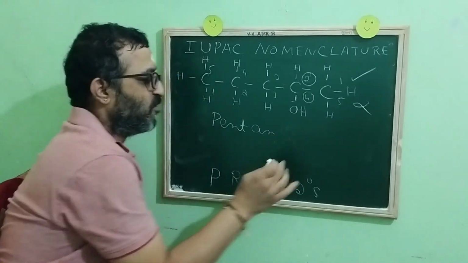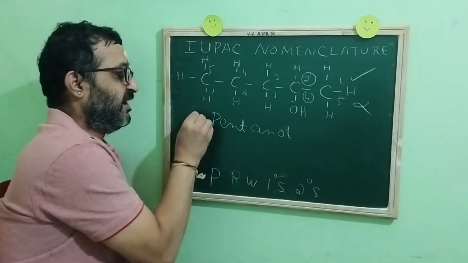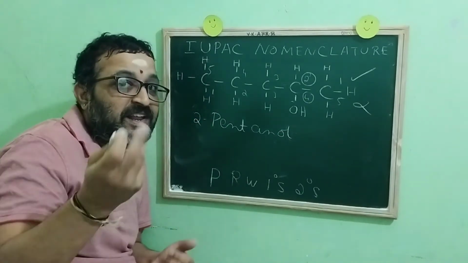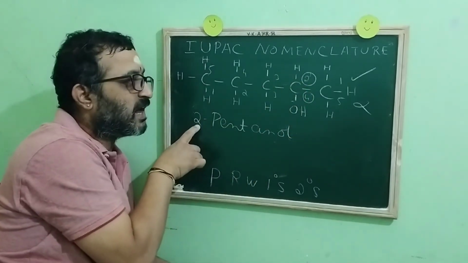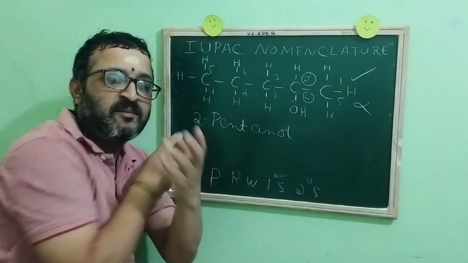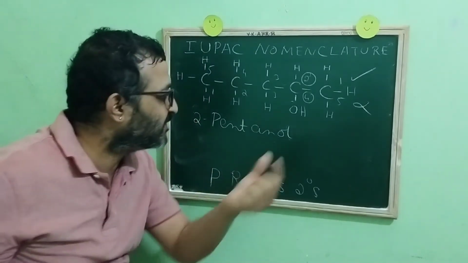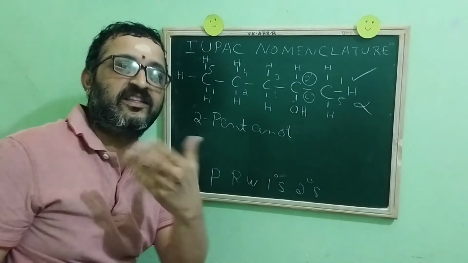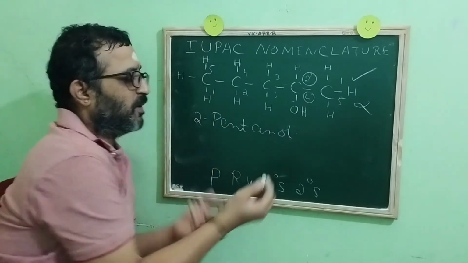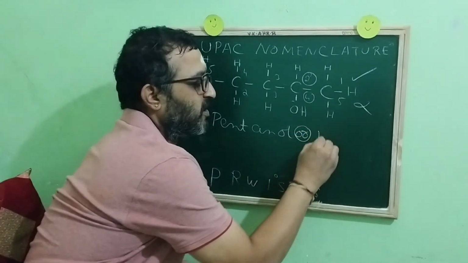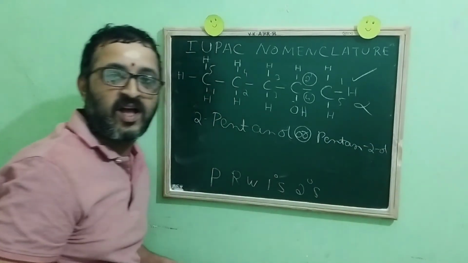No. The name of this compound will be 3-pentanol. Sorry, it is 2-pentanol. Why is it 2-pentanol? Because OH is attached to second carbon. What does this 2 indicate? Boss, this 2 indicates the location of what? Functional group. It is also called as what? Locant. Now, sir, can we write only 2-pentanol? No, boss. You can also write as what? Pentan-2-ol.